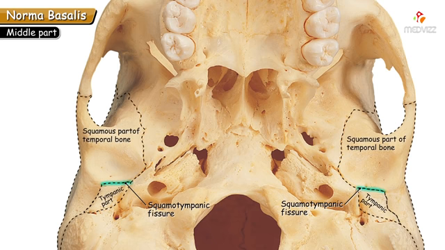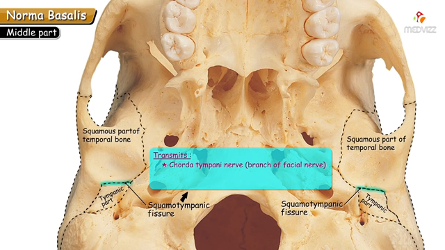It transmits the chorda tympani nerve, which is a branch of the facial nerve, the anterior tympanic artery and the anterior ligament of malleus. So these three structures pass through the petrotympanic fissure. So this is all about the features, foramens and structures passing through the foramens of the middle part of Norma basalis.